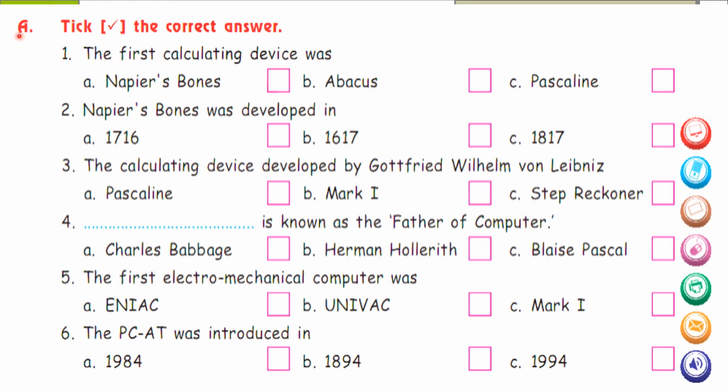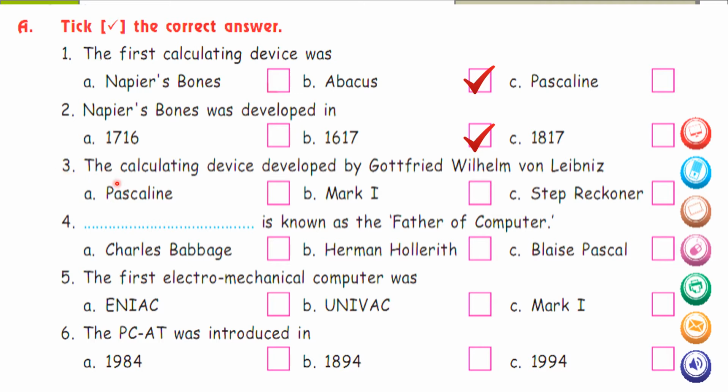Let's discuss exercise A. Tick the correct answer. Number 1. The first calculating device was abacus. Number 2. Napier's bones was developed in 1617.